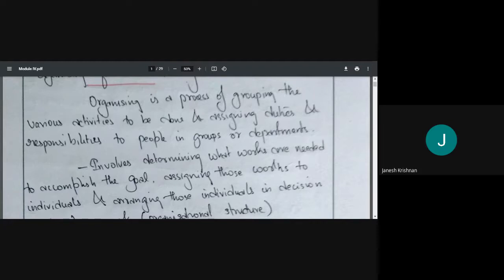So in our example, if you remember that we took the example of conducting arts in our college, right? So we need to conduct arts first. So we have to have various departments, right? Our aim is to conduct the arts. So we'll assign some people for stage.